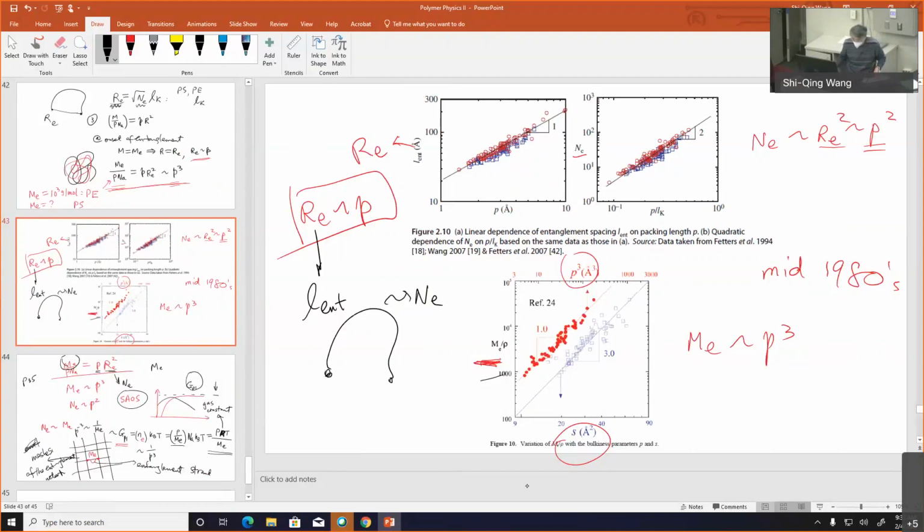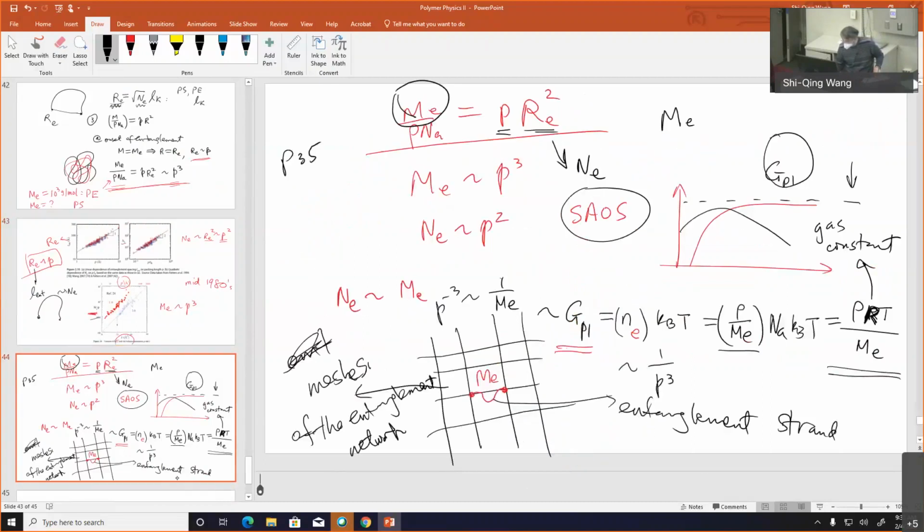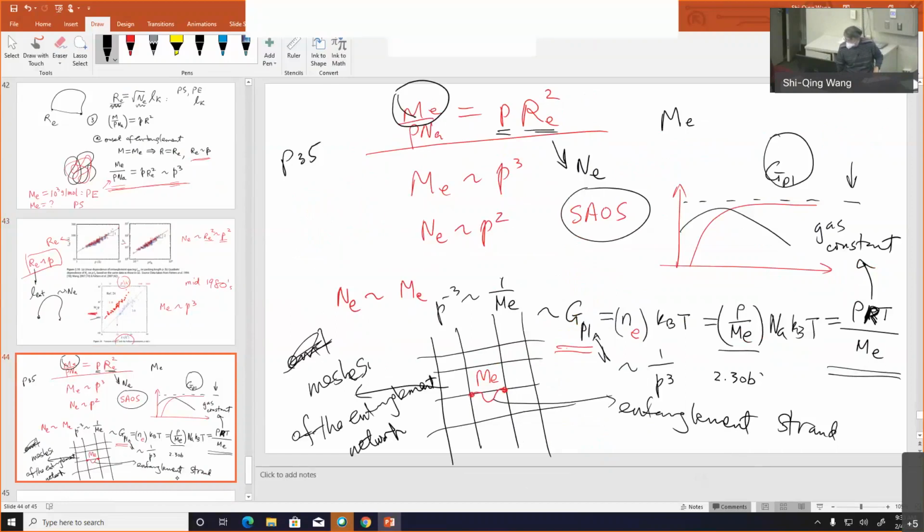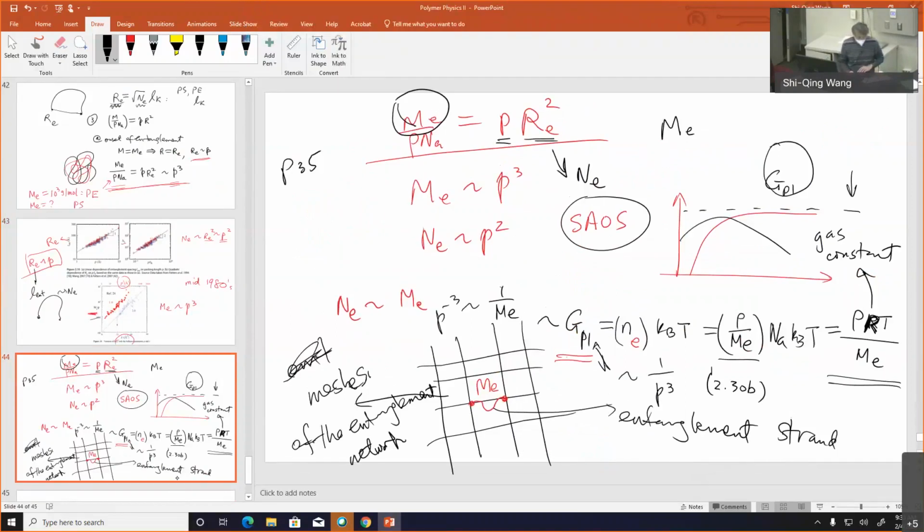So with all that, for example, this formula is 2.30 B. That G is 1/3, 1 over P third power.